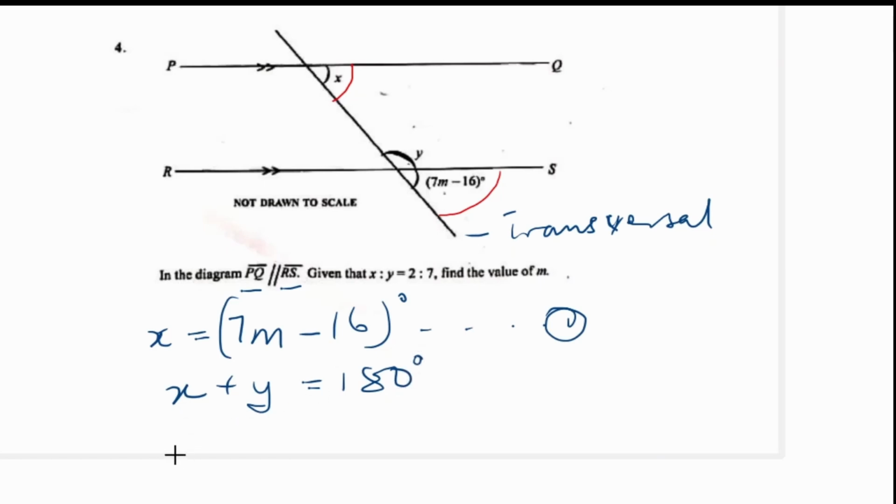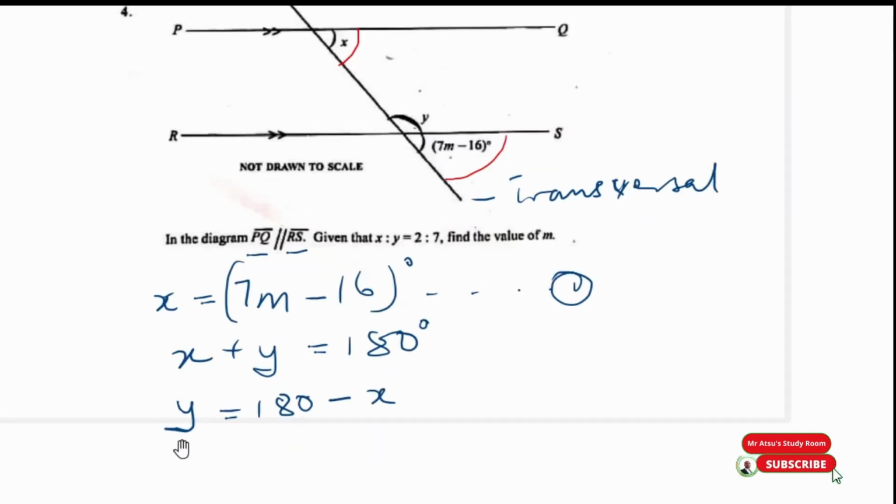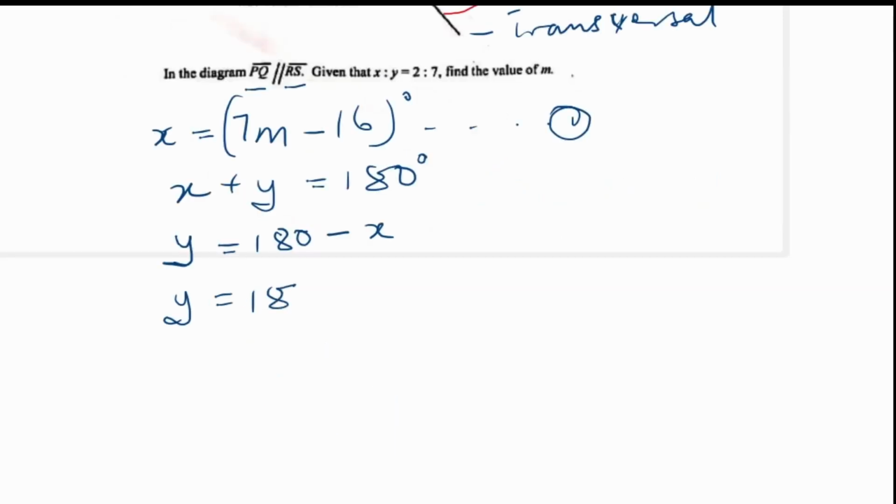Making y the subject, we are going to have 180 degrees minus x. But already from equation 1, we know the value of x to be 7m minus 16. That means our y now becomes 180 minus our x, which is 7m minus 16.